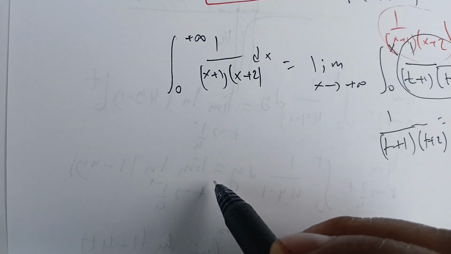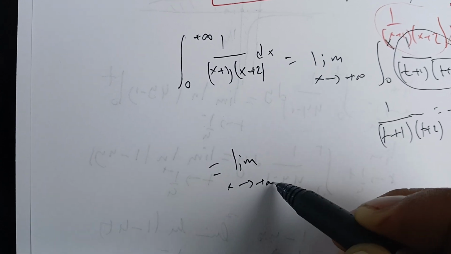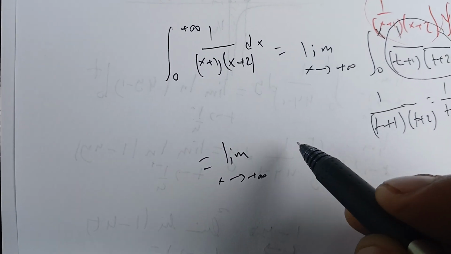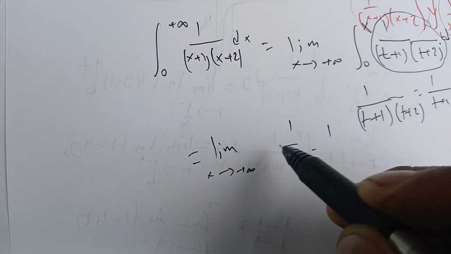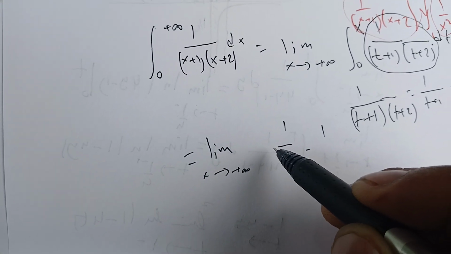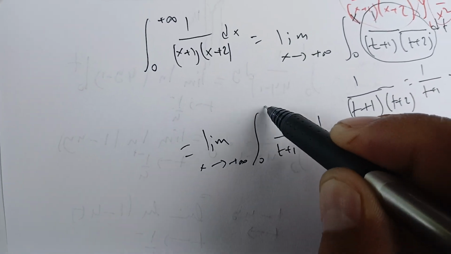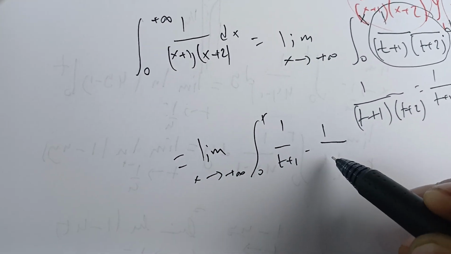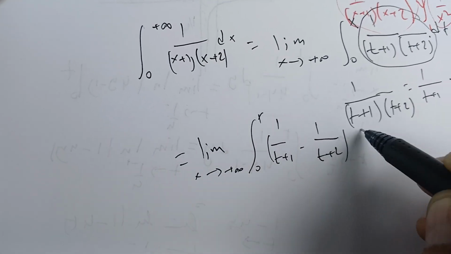So now this integral is equal to the limit as x goes to infinity of the integral between 0 and x of 1 over (t plus 1) minus 1 over (t plus 2) dt.